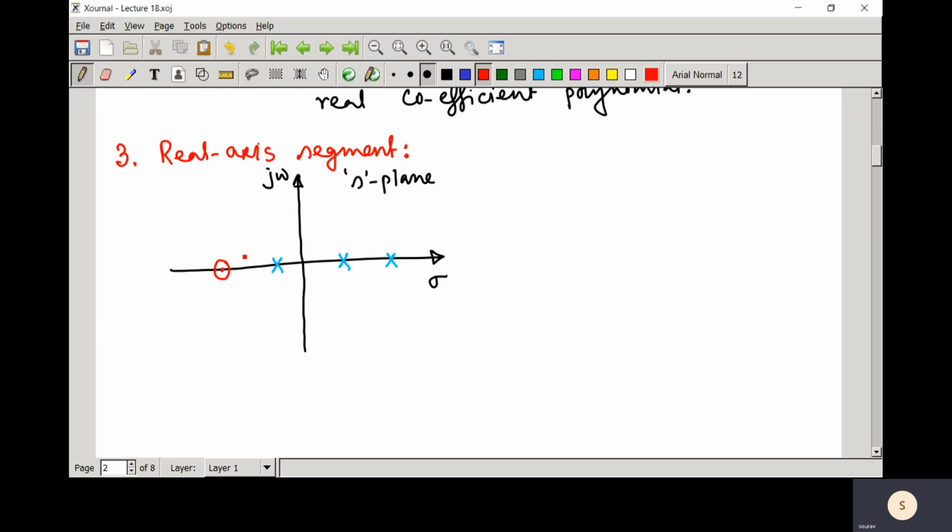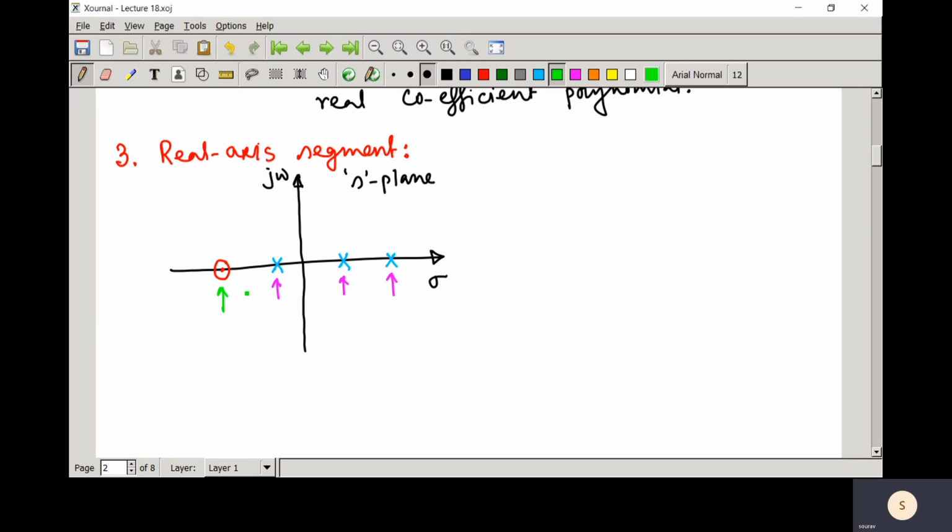Now the point is, whenever k is varied from 0 to infinity, we have just discussed that root locus will start from, when k equal to 0, those pole locations, and those poles are the open loop poles. And one of the branches will end up here at the 0 location.